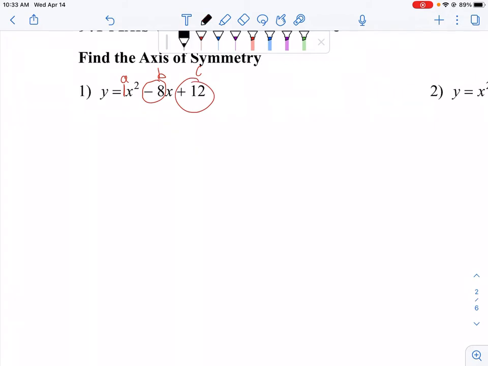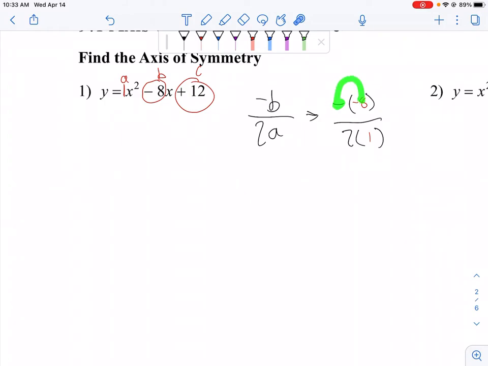So our formula here is -b over 2 times A. And I like to write our formula with just parentheses, -b over 2 times A. And so I can fill in my values. B is a -8 and A is a +1. And then we can evaluate. So a negative on the outside means the opposite of.